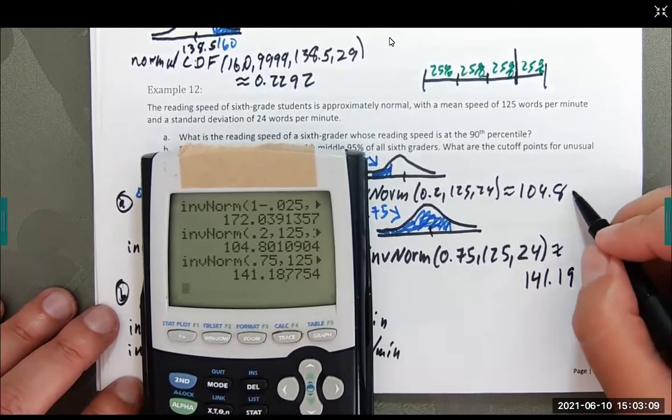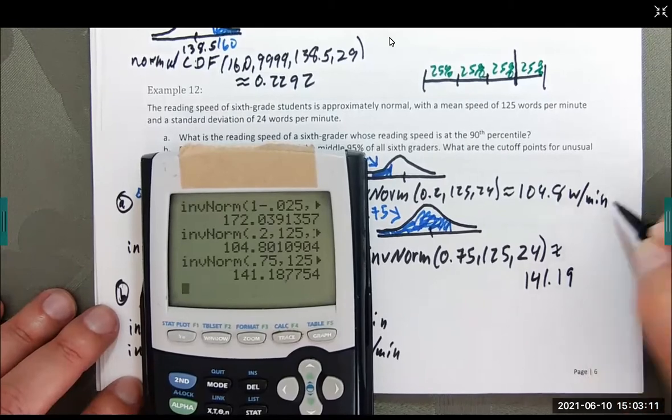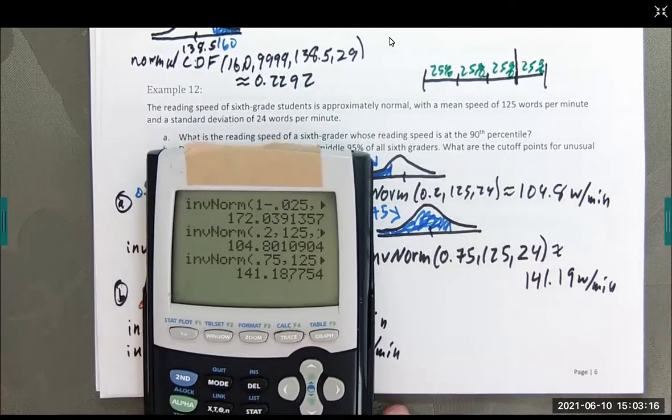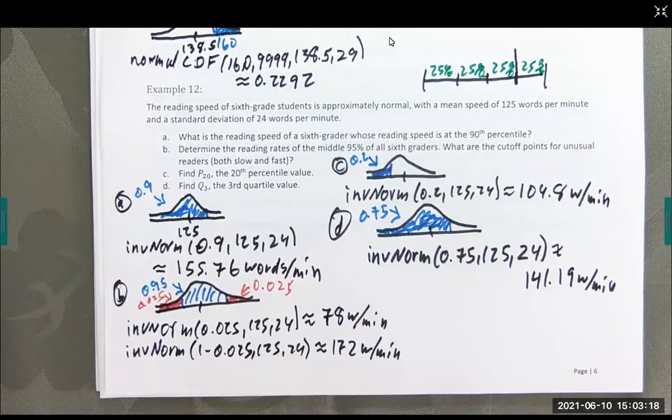This is words per minute. So if a sixth grader reads at 141.19 words per minute, that means 75% of the other sixth graders read slower than that.